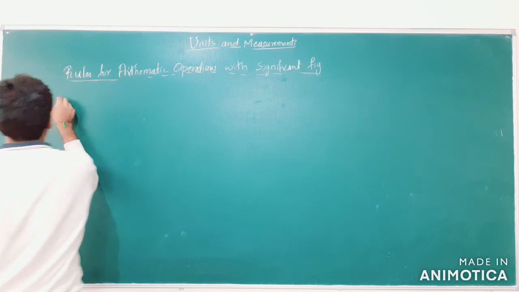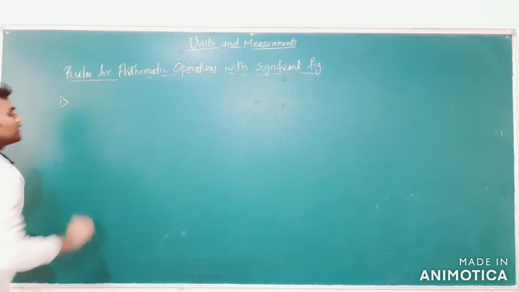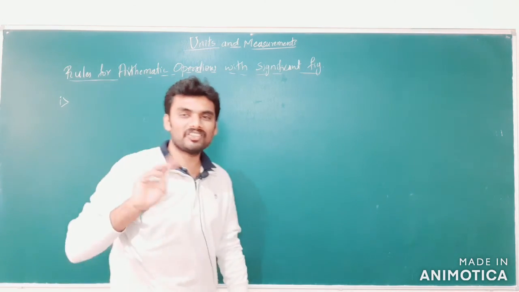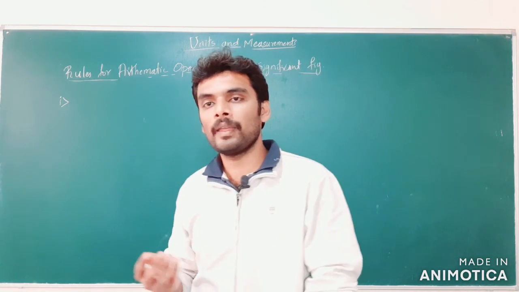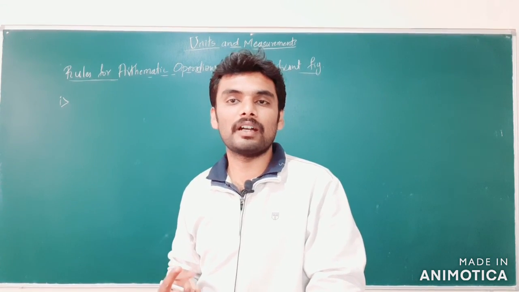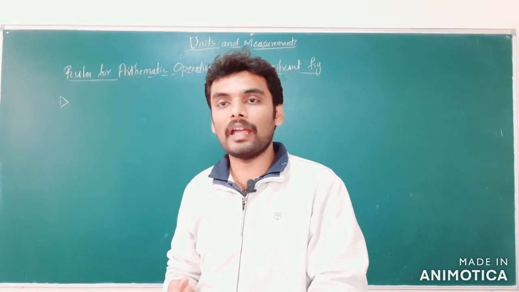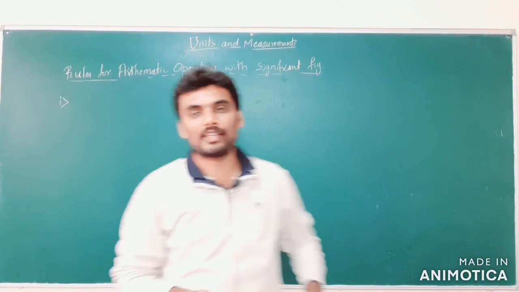See, again, when I say mathematical operations, we have basic operations, like we'll choose the basic operations again: addition, subtraction, multiplication and division. For addition and subtraction, the rule is as follows.